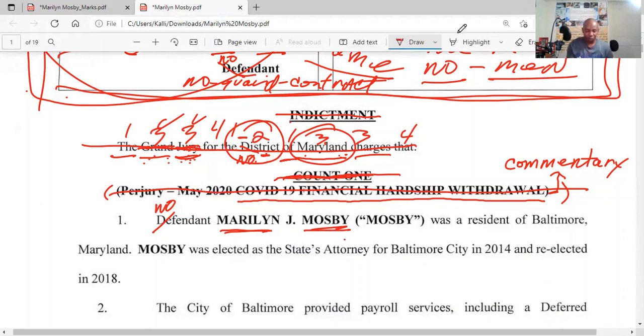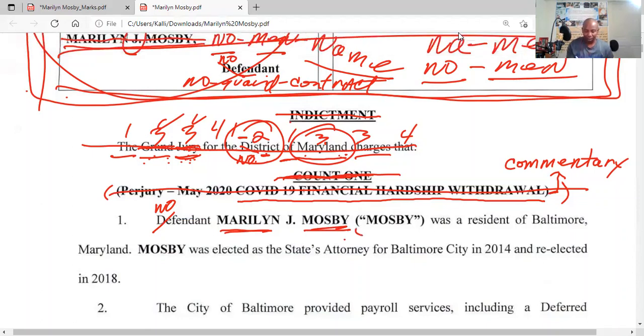So we're taught in school that if you put parentheses, then you put whatever, like say for instance, we're pretending here, let's pretend that this is Marilyn Mosby's name, which it is not.